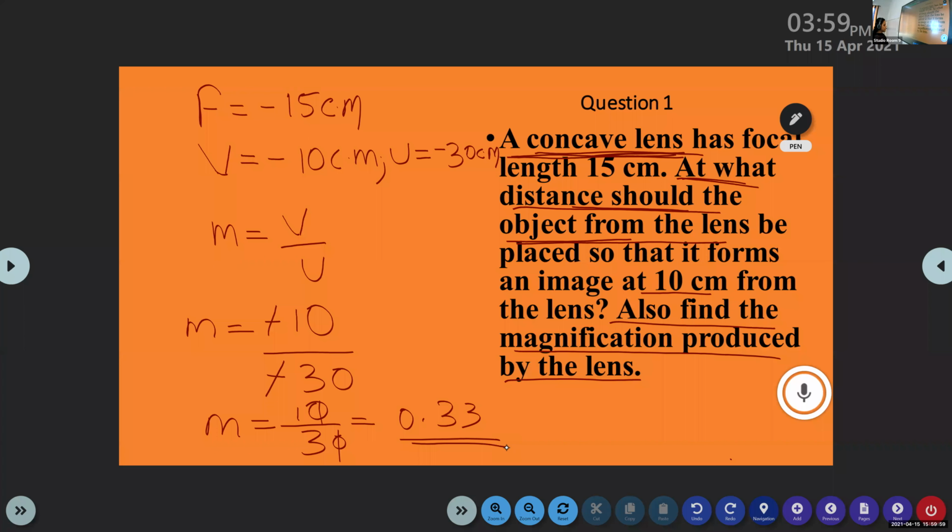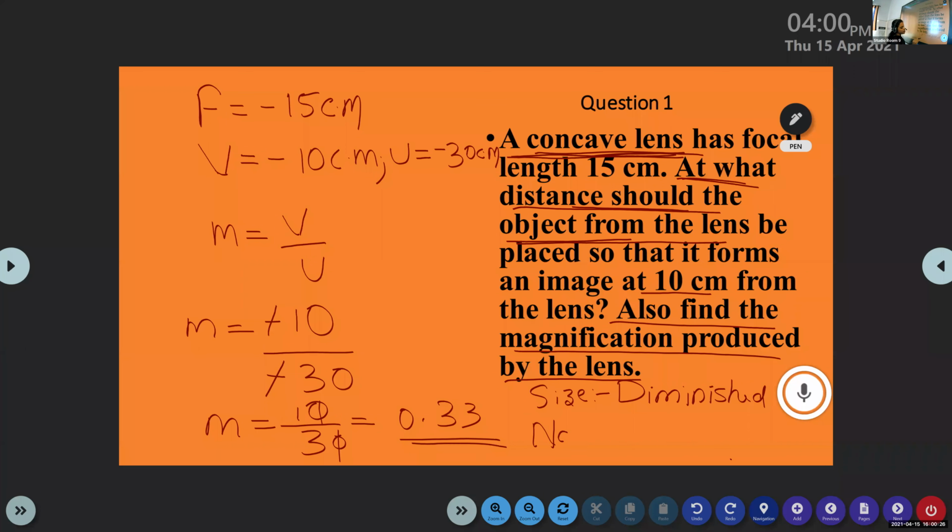So, students, from this value of magnification, can you predict the nature and size of the image formed? Diminished. Yes, the size of the image is diminished. Why? Because here the value of the magnification is less than 1. So we can say it is diminished in size.